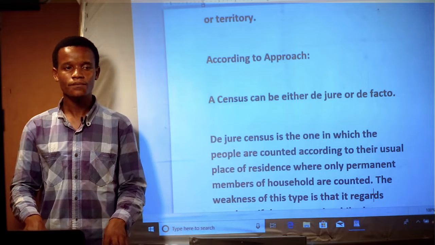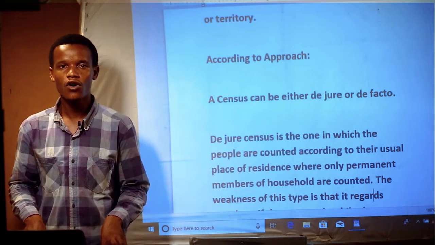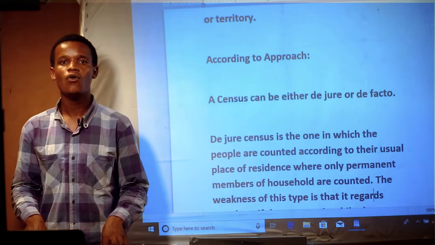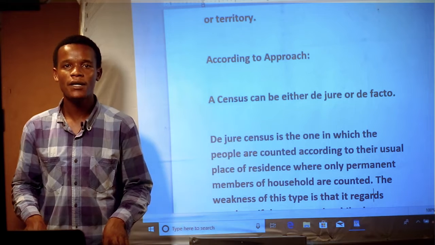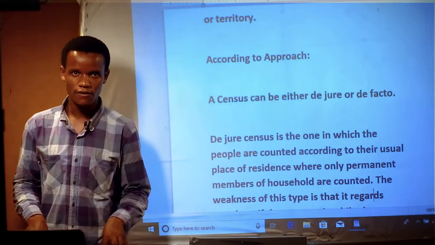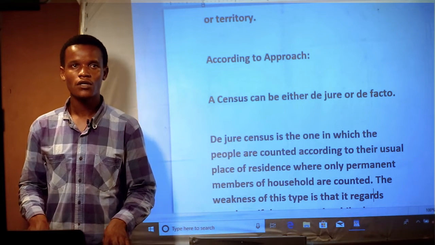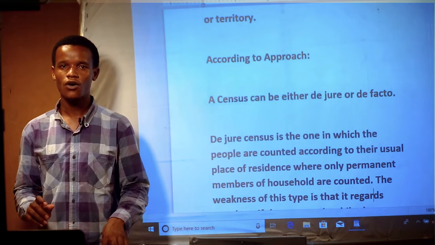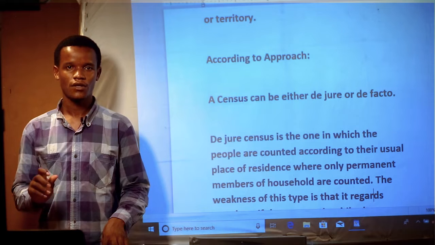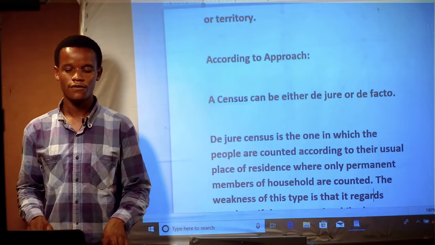So in de jure, we pass through homes and count the people who are members of the family and whose permanent habitat is there. You are counted according to your original place where you were born or live.